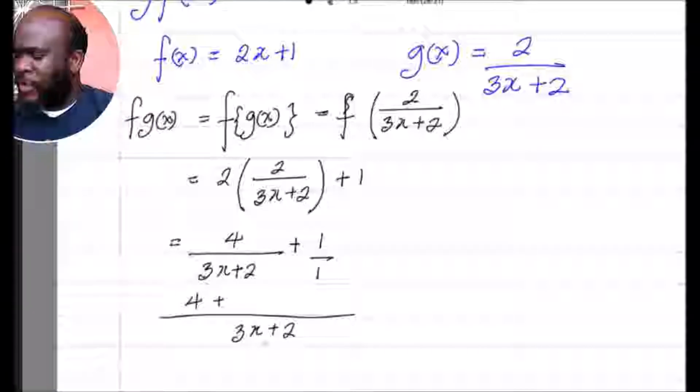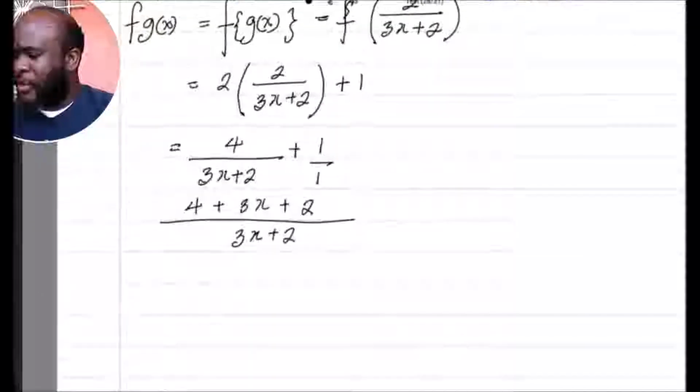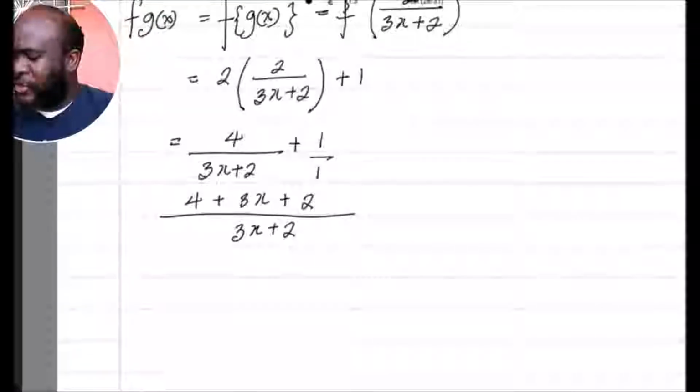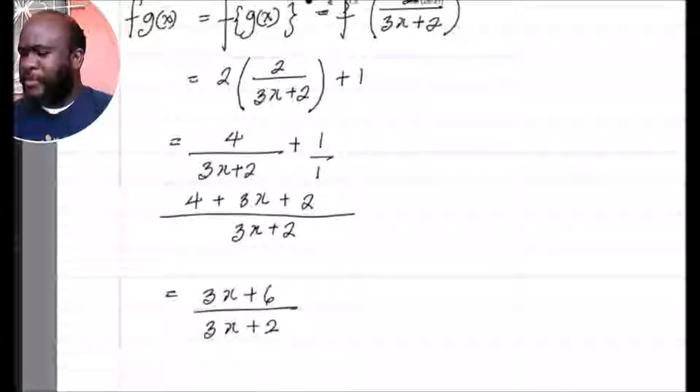Plus 1 into 1 into 3x plus 2 is 3x plus 2. 3x plus 2 times 1 is 3x plus 2. All right, so what I should end up with is 3x plus 6 over 3x plus 2. So f of g of x is 3x plus 6 over 3x plus 2.